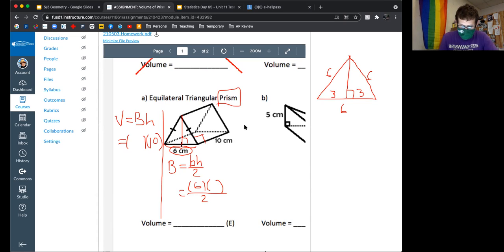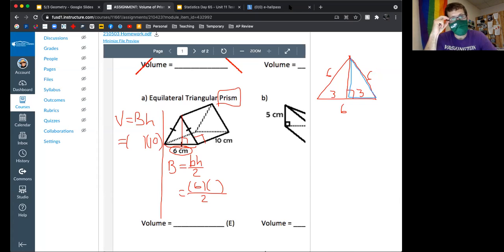Okay, now if we focus on this triangle right here, can anyone tell me what kind of triangle that is? This is a 30, 60, 90 triangle.